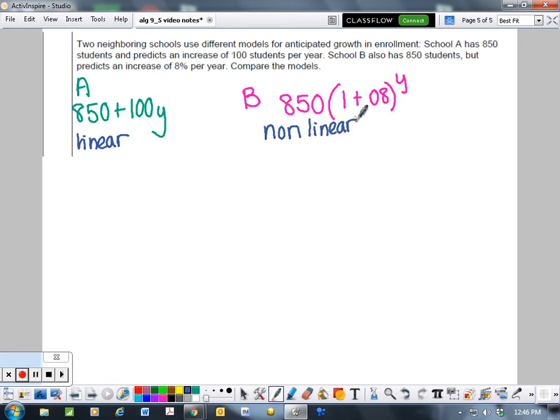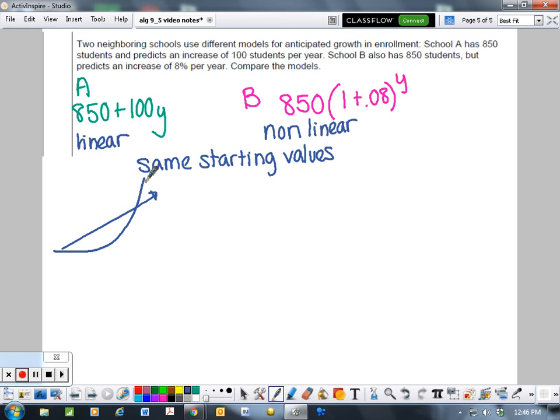Now they have the same starting values, but remember how linear looks like this and exponential will look like this. And so at the beginning, linear will have higher growth.